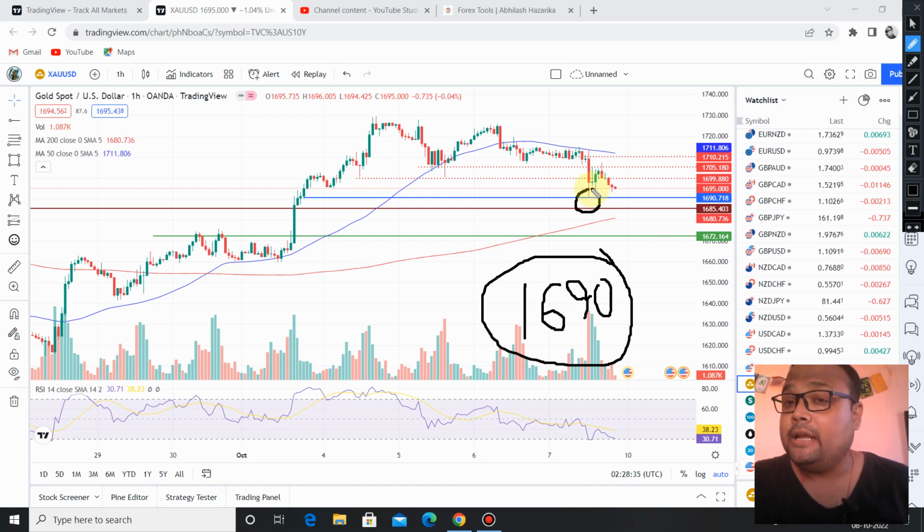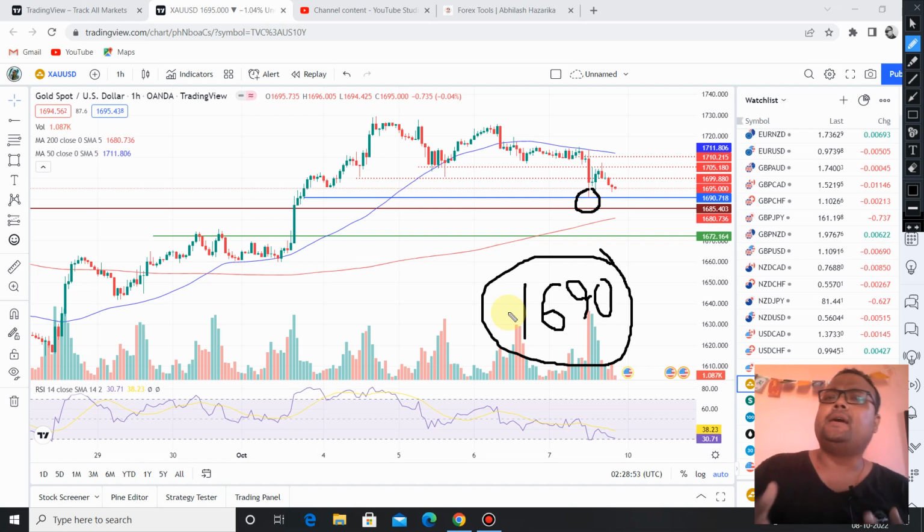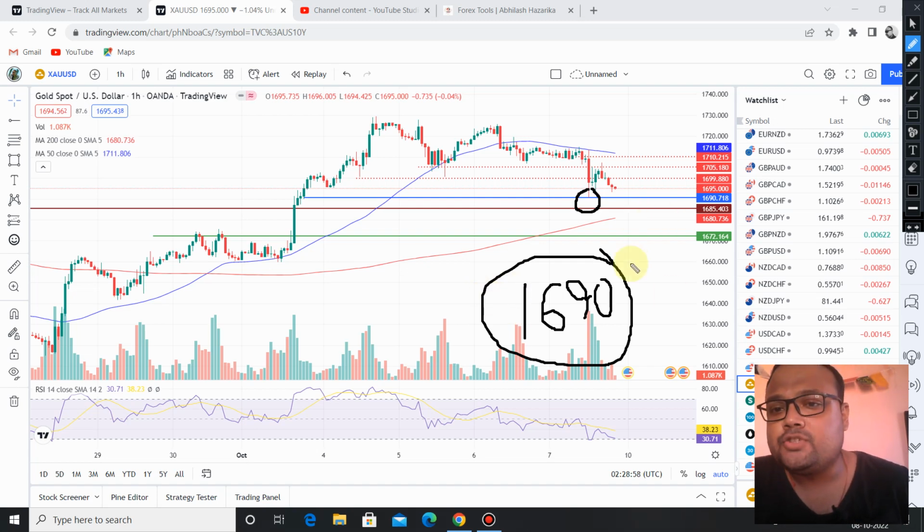You can see during the news, when the NFP news came out and the market was going down, 1691 was the level from where the market bounced. So we can expect on Monday also that if there is not much volatility, if the Monday market is kind of flat, then the market may bounce from the 1691 level. So this is our first support.